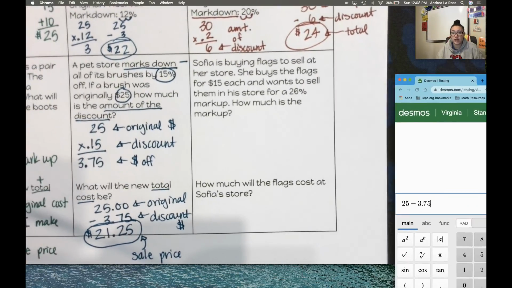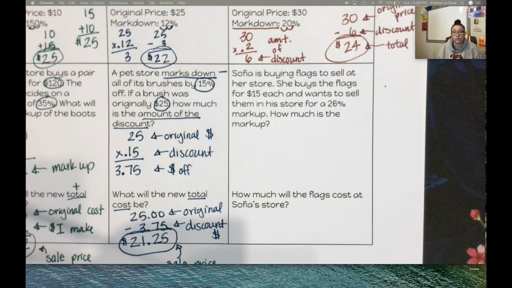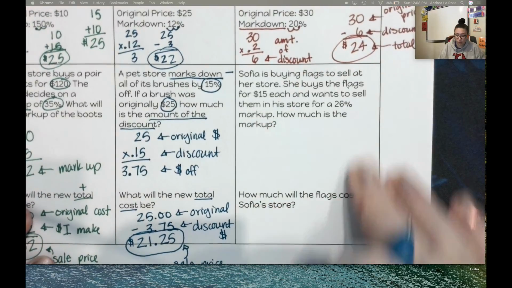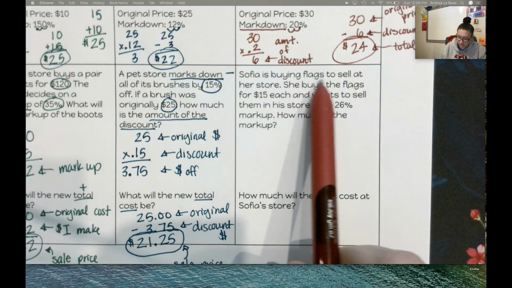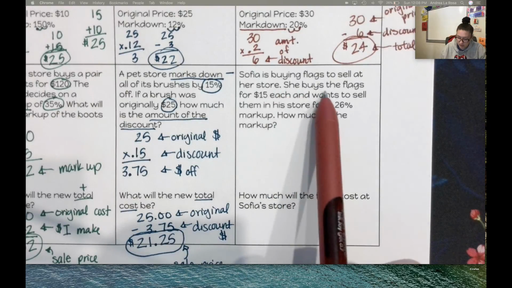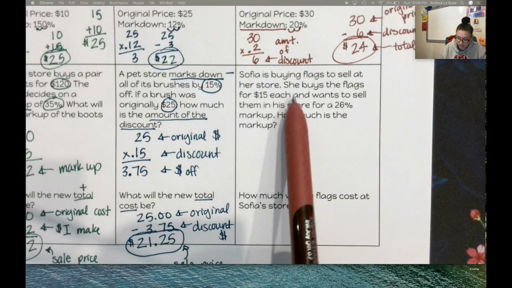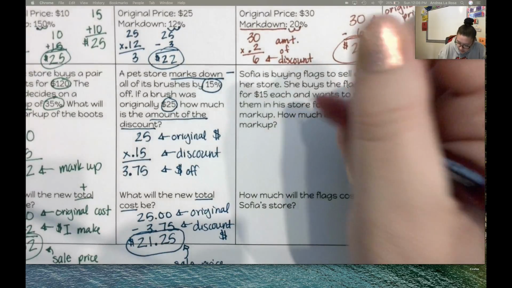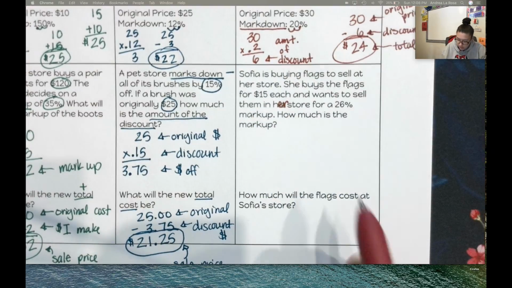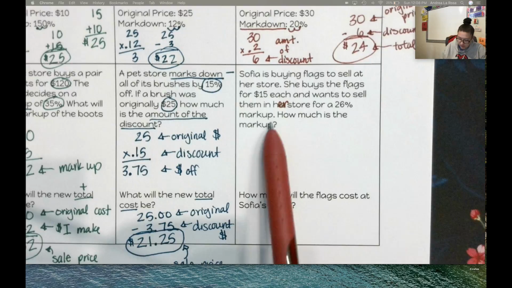This next problem, we're going to have you do the whole thing on your own, both parts. I'll read it to you though. Sophia is buying flags to sell at her store. She buys the flags for $15 each and wants to sell them in her store for a 26% markup.